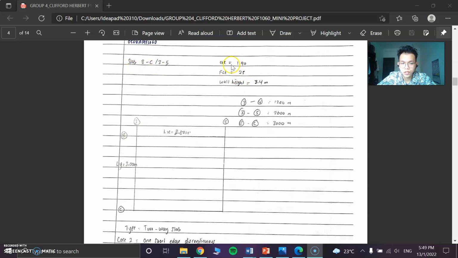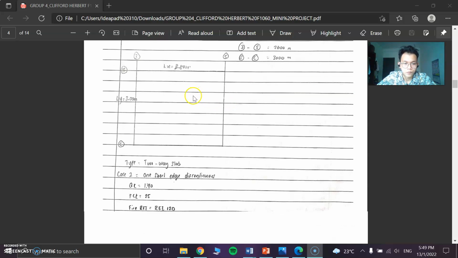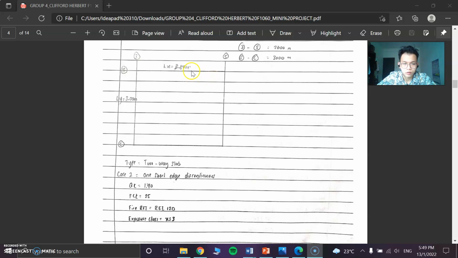So my QK is 1.90, FCK we pick 25, and wall height is 3.4 meter. For my length, 3 until 5 is 3.80 meter, and B until C is 3.00 meter.